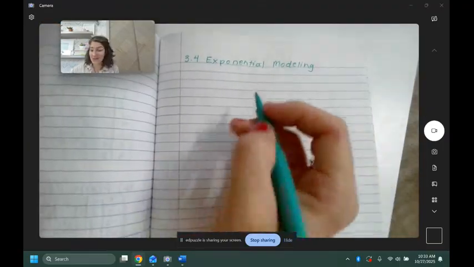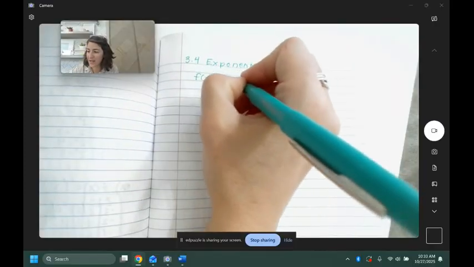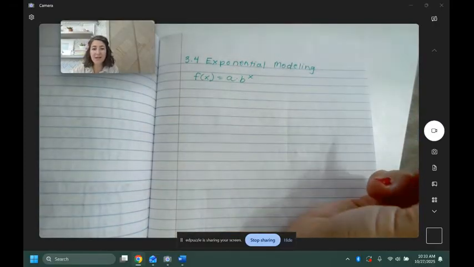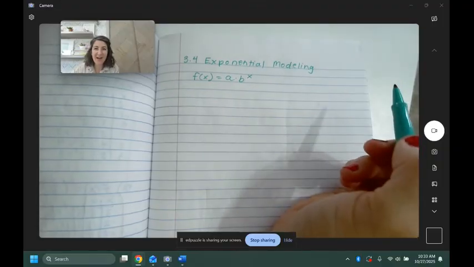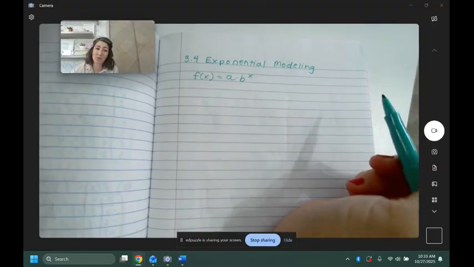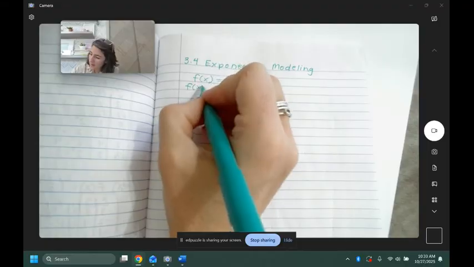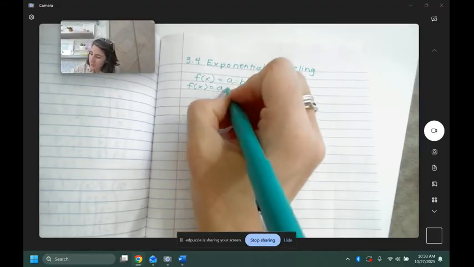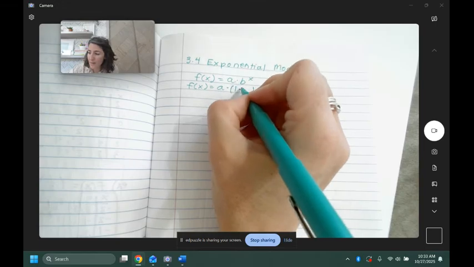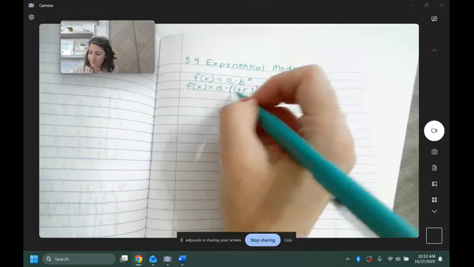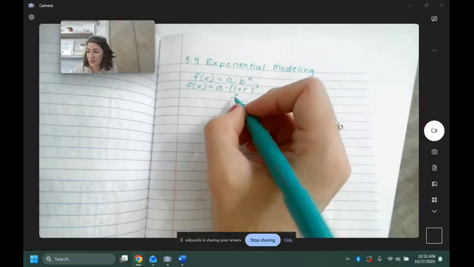With exponential functions. Reminder, my exponential function, f of x equals a times b to the x. But when I'm dealing with real life situations, I often have a rate of increase or a rate of decrease. And it's a little bit trickier because it's a part of b. 1 plus r is going to be if your situation is growing.